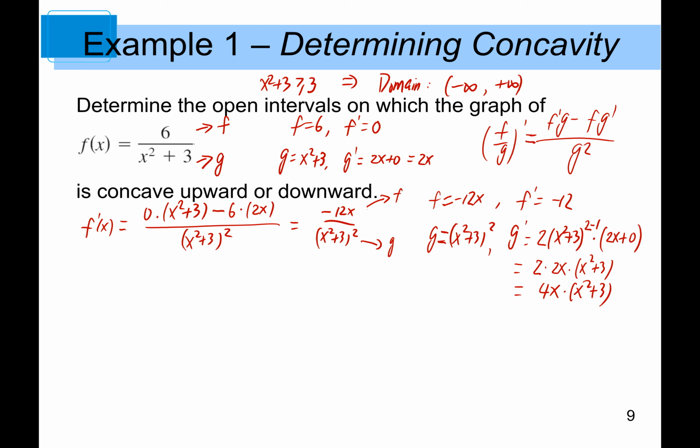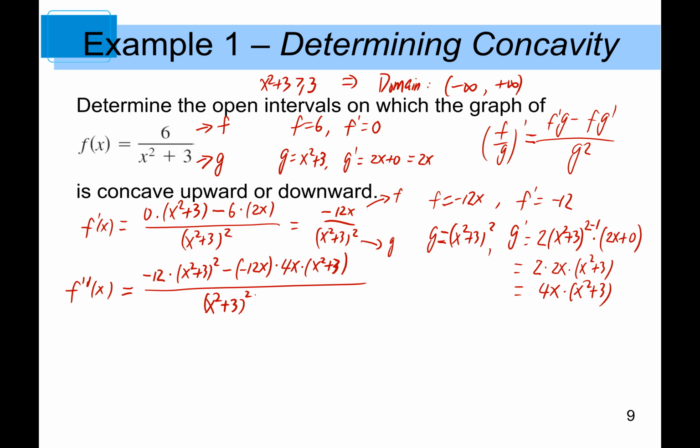Okay, alright, so now we're going to apply the quotient rule one more time. F double prime of x equals f prime, which is negative 12, times g, x squared plus 3 squared, minus f, which is negative 12x, times g prime. G prime is 4x times x squared plus 3, over g squared, which is x squared plus 3 squared.